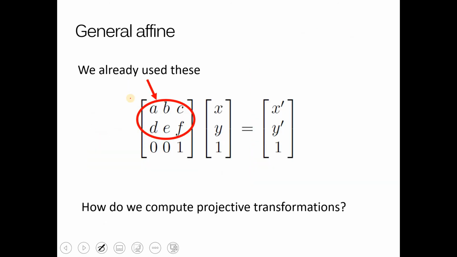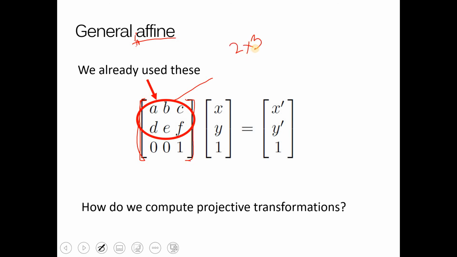So in general, this is the affine transform over here. The general rule is that I have got this matrix for transformation. In the case of affine transform, we have a 2 by 3 matrix.